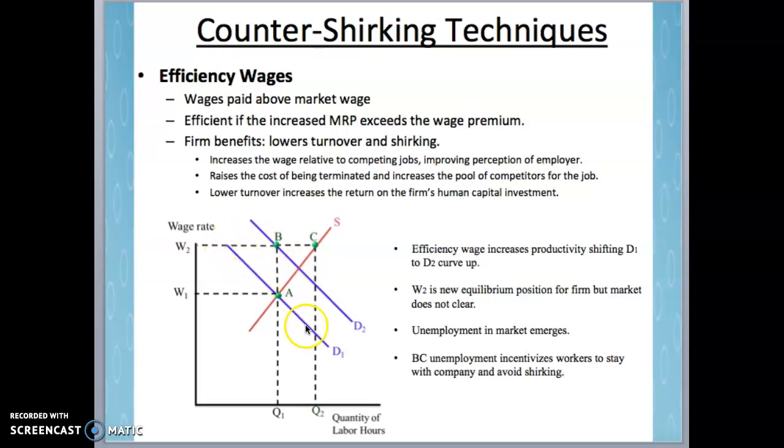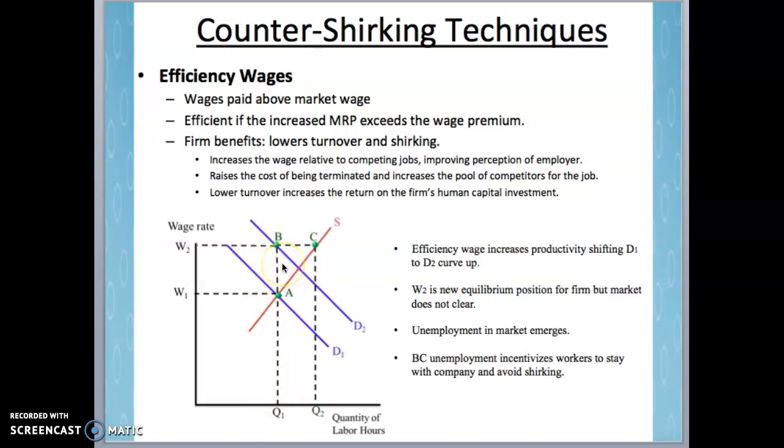The whole demand curve shifts up by $3 because the demand curve is a marginal revenue product curve, and each worker is now producing $3 more. So it shifts up, which means at W2, we still have the same amount of employment. We're still demanding the same amount of workers at Q1, but now we're paying them more.